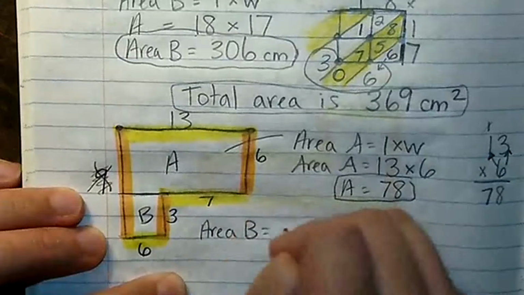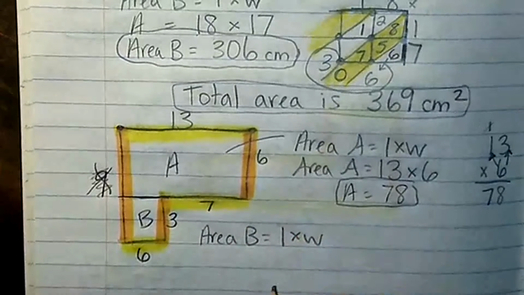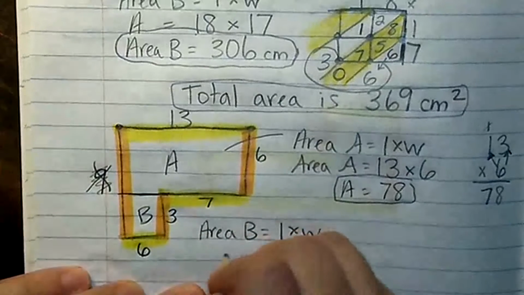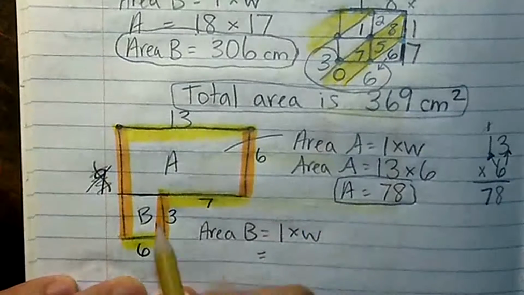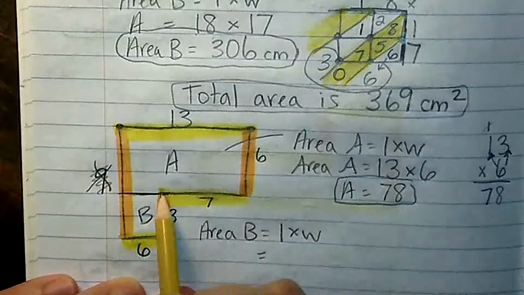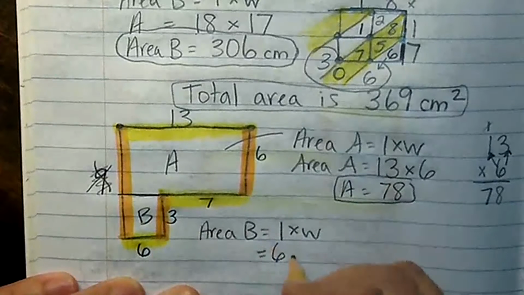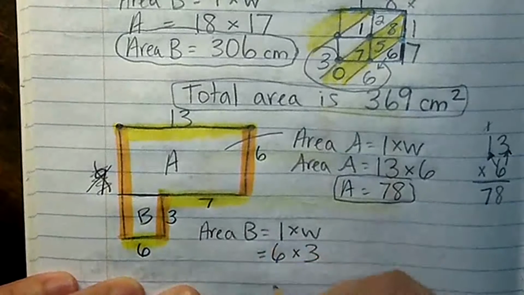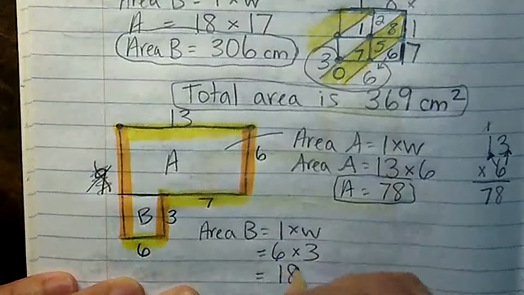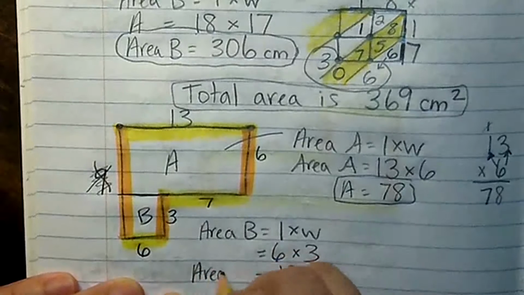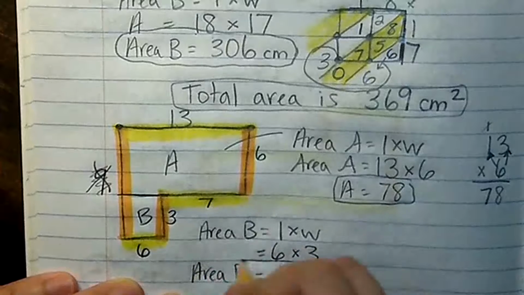Area B equals length times width. Area B equals, do I know the length and the width? I do. 6 times 3, which equals 18. So area B equals 18.